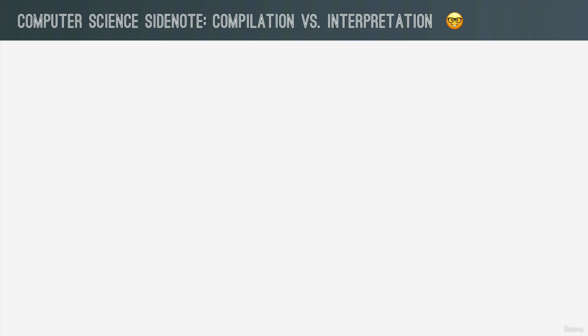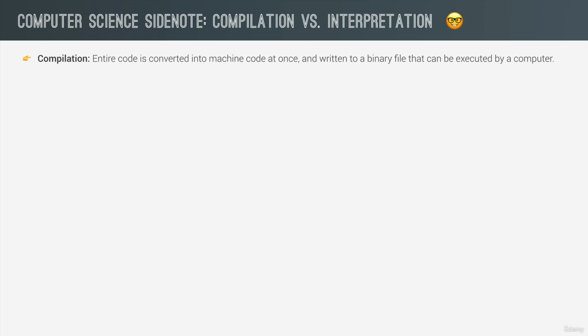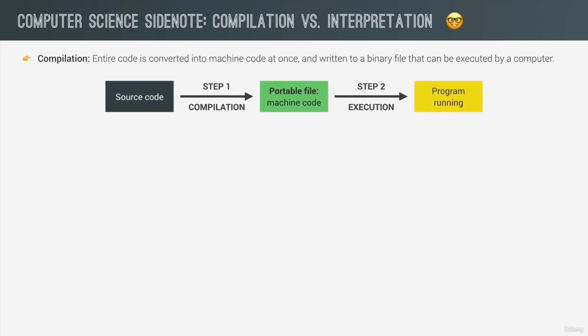So in compilation, the entire source code is converted into machine code at once. And this machine code is then written into a portable file that can be executed on any computer. So we have two different steps here. First, the machine code is built, and then it is executed in the CPU, so in the processor.